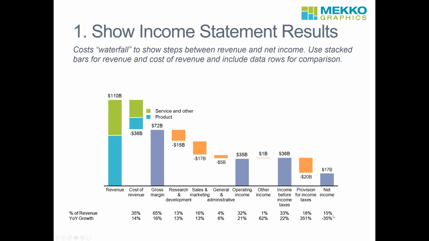And the second is we added another dimension of data. This cascade chart is very static. It's just looking at profit and loss for one time period. But if you wanted to show year-over-year growth in these categories, you can do that right here with this extra data row at the bottom of the chart. So just a couple things on that chart that I wanted to show you. I'm going to move on to the next.